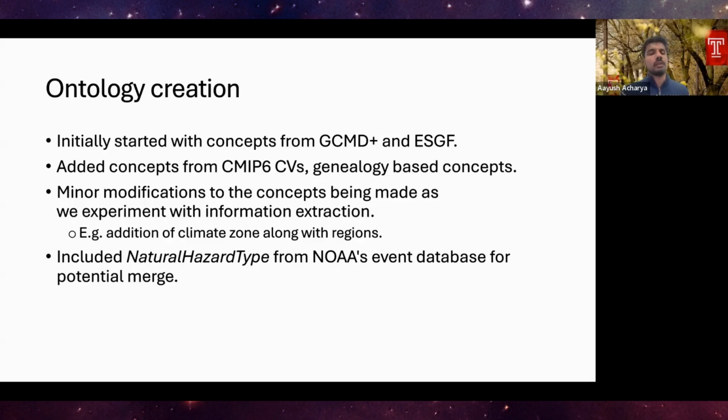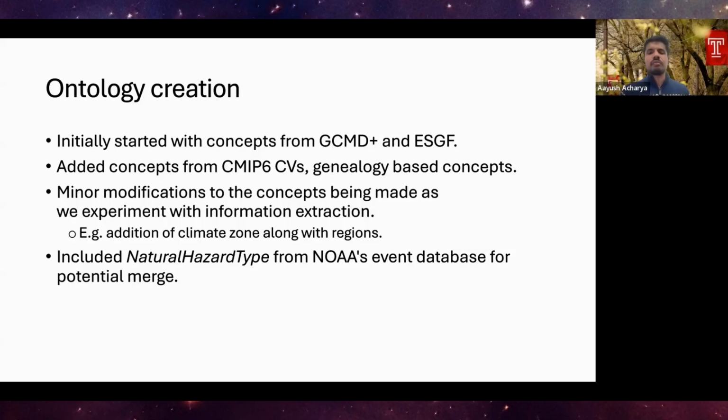So we started with these climate concepts, then also added concepts from CMIP6 CVs, which cover genealogy: which climate model components are present for a specific climate model in ESGF. These were really important to trace the genealogy concepts of climate models.